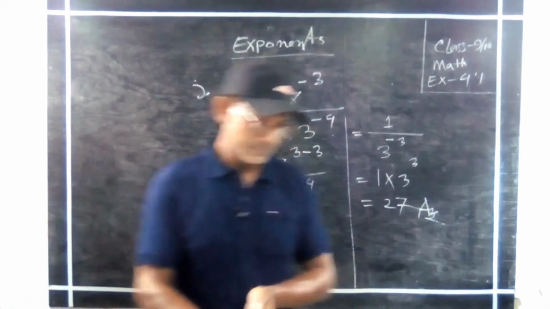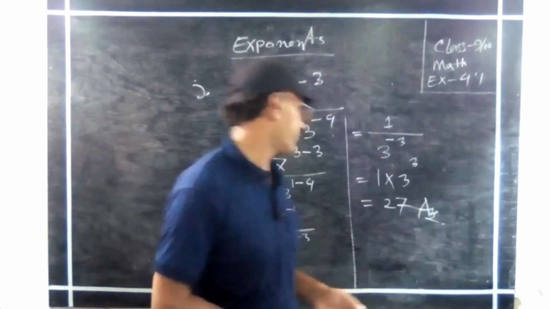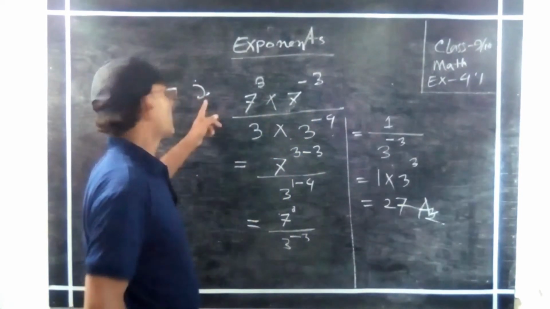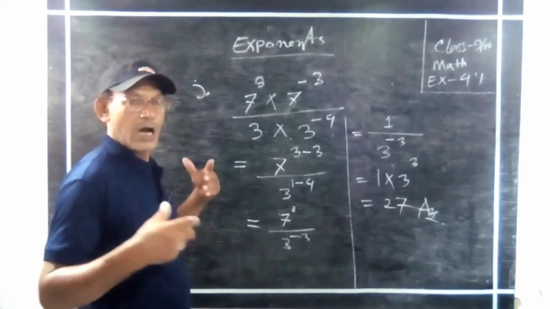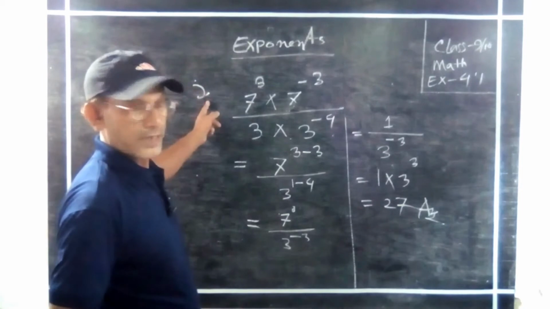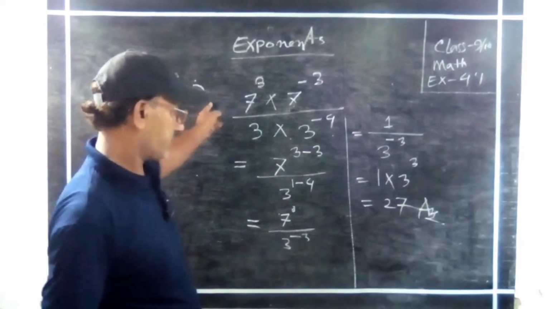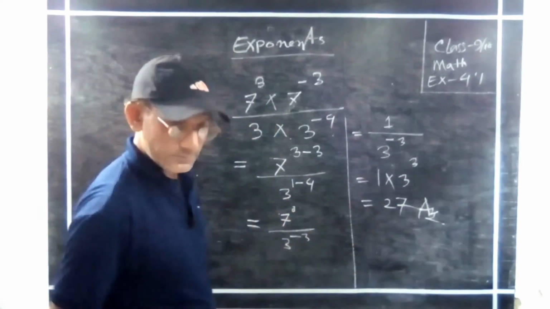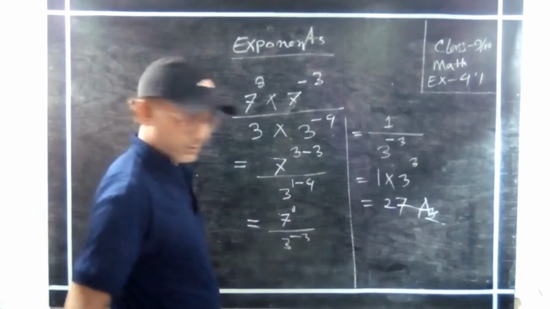That is our answer. We have completed number 1 successfully. That means, in Bengali, 1 অর্থাৎ 1 নং প্রশ্নের উত্তর. Our answer is 27. Clear? Okay, thank you very much.